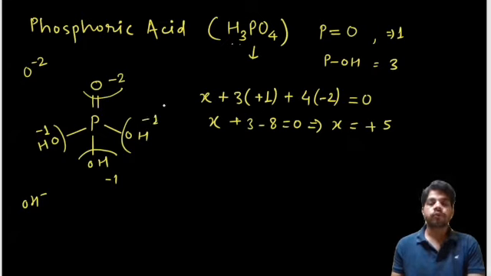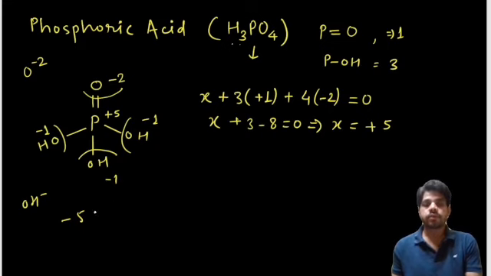So how much charge do we have in the surrounding atoms? That is minus 2, minus 1, minus 1, minus 1, that is minus 5. So how much charge will come on the central atom, that is phosphorus? Obviously it would be plus 5, because the surrounding atoms contain minus 5 charge. Just to neutralize the charge, we should have plus 5 charge on the phosphorus, and this is what we get in phosphoric acid.